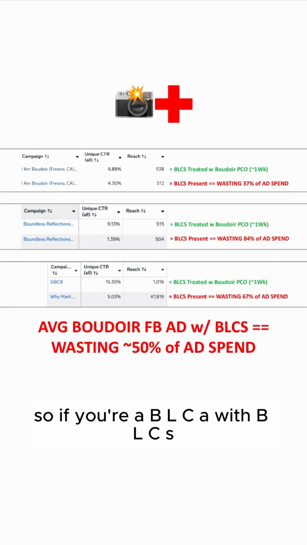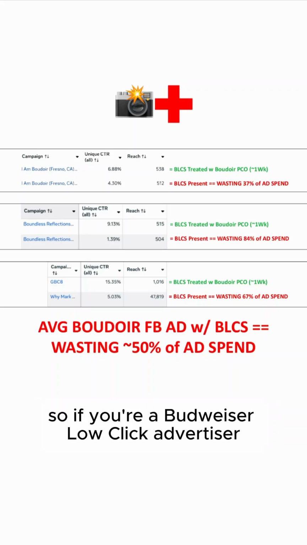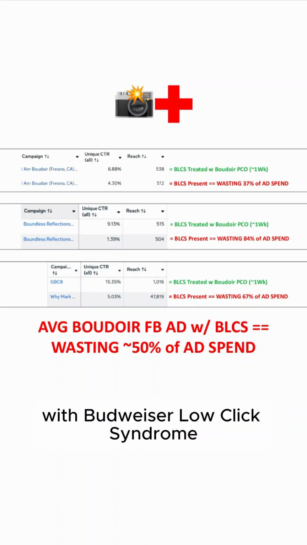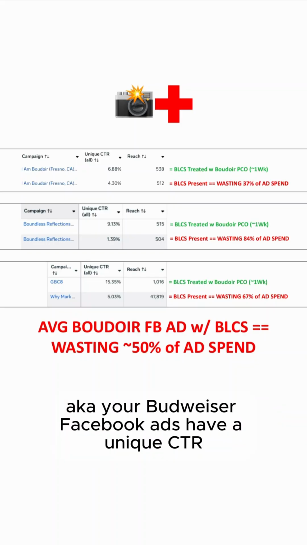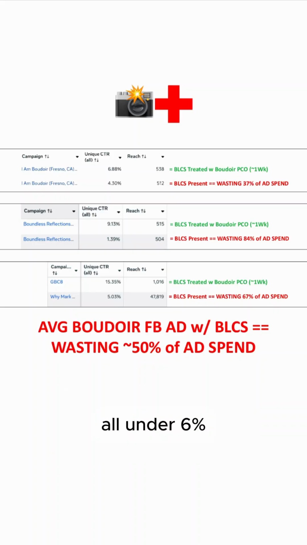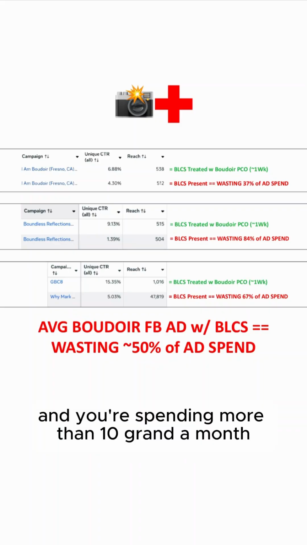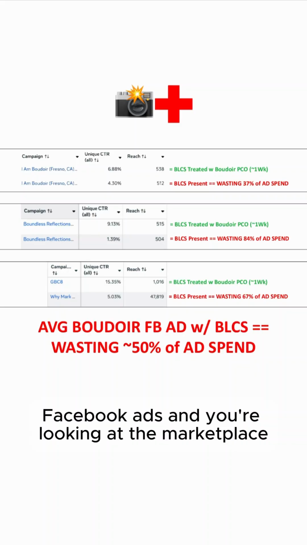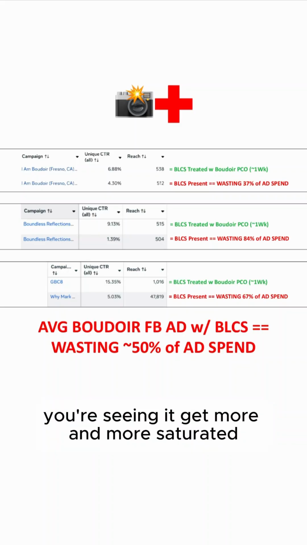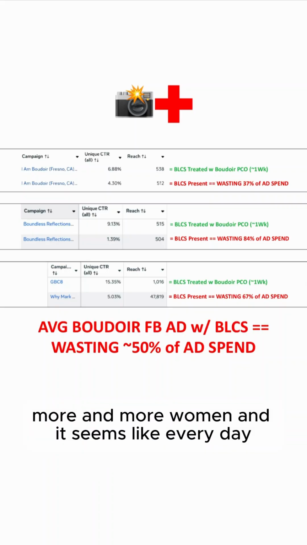So if you're a BLCA with BLCS, so if you're a Boudoir low click advertiser with Boudoir low click syndrome, aka your Boudoir Facebook ads have a unique CTR under 6%, and you're spending more than 10 grand a month in Boudoir Facebook ads, and you're looking at the marketplace, seeing it get more and more saturated in your city, more and more women.